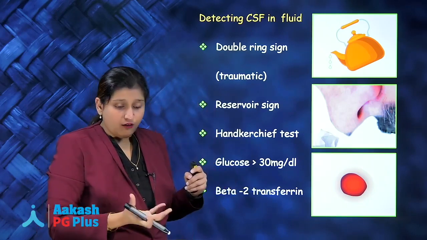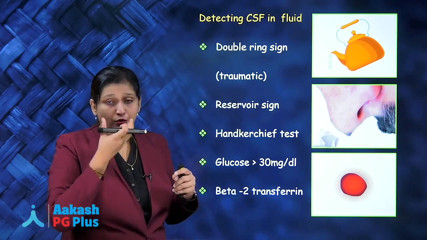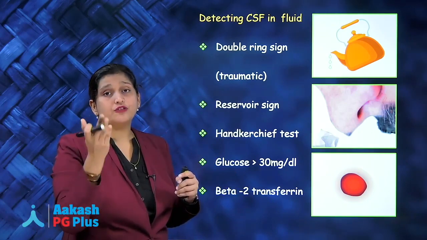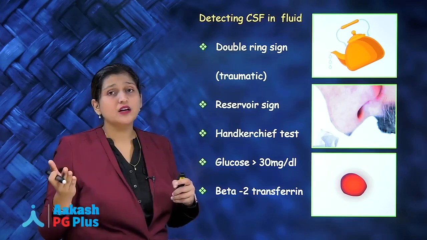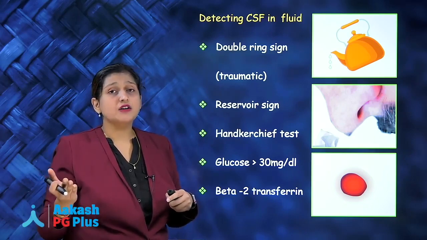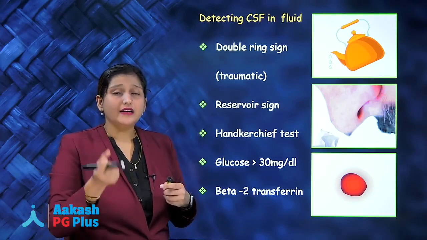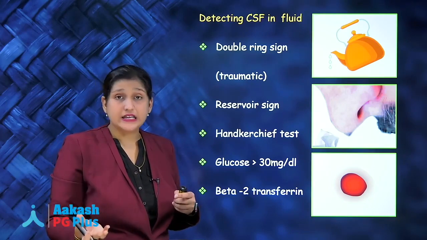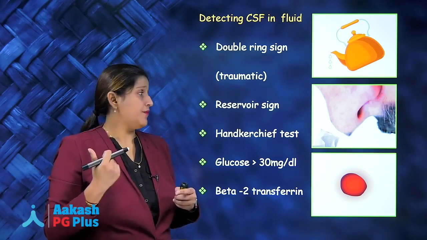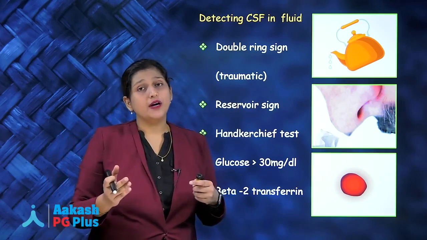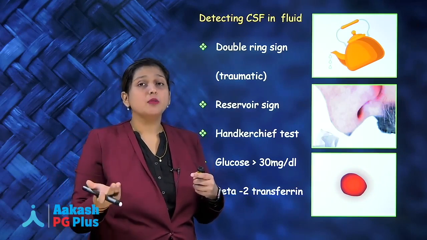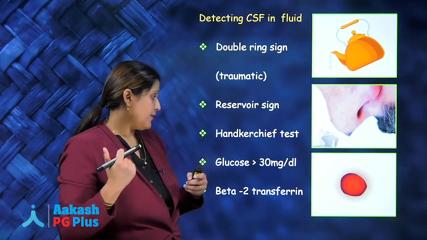Handkerchief test: when you collect it in a hanky, normal nasal mucus tends to stiffen, but CSF will not stiffen. CSF cannot be sniffed back, but normal nasal mucus can be sniffed back.